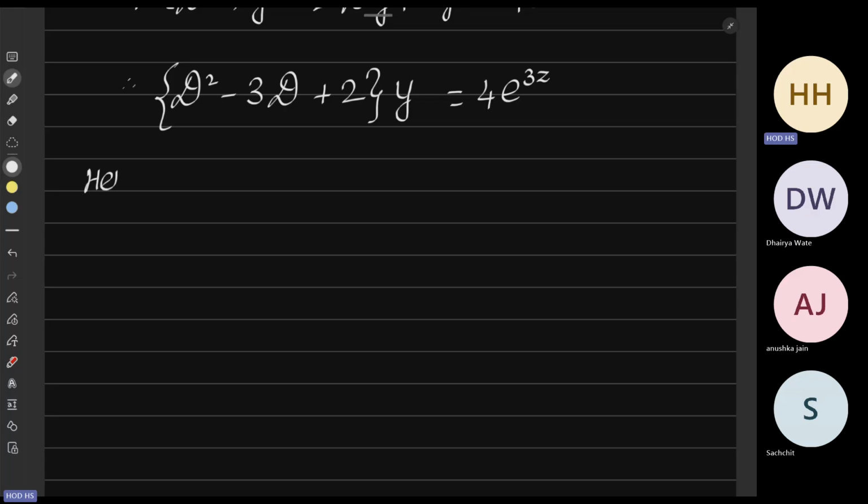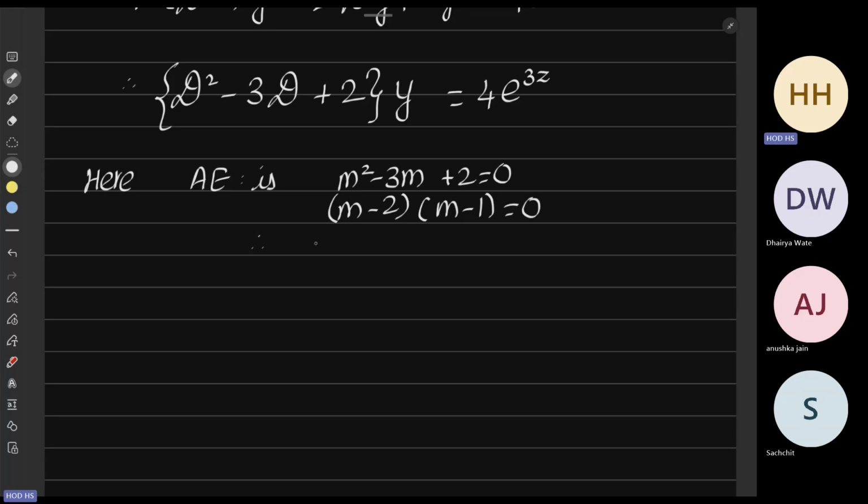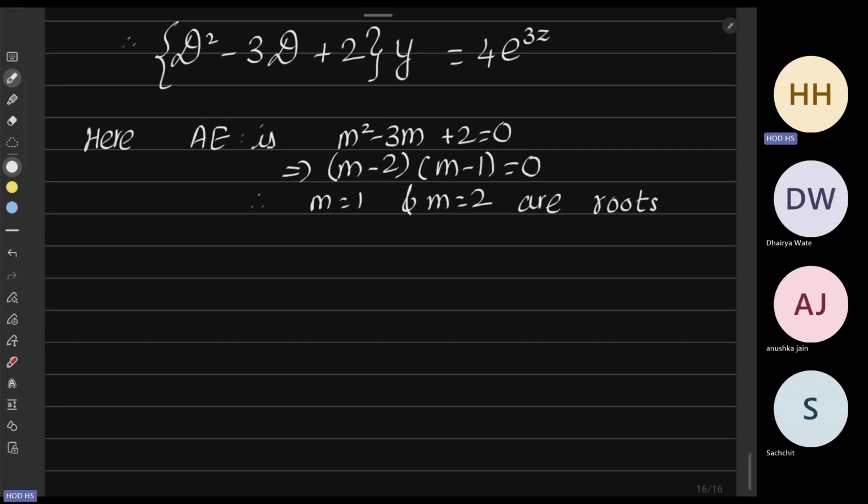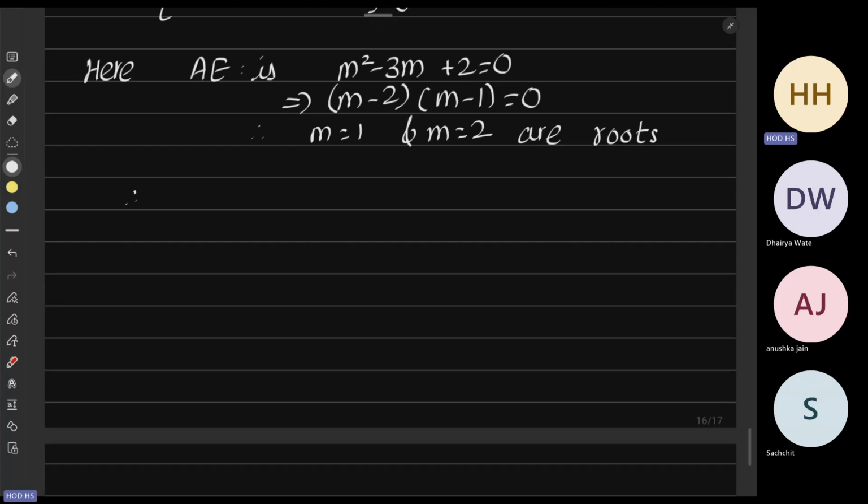Here the auxiliary equation is m square minus 3m plus 2 is equal to 0, whose roots are (m minus 2) and (m minus 1) equal to 0. So the roots are m is equal to 1 and m is equal to 2. Therefore, my CF is given by C1 e to the power 1z plus C2 e to the power 2z.